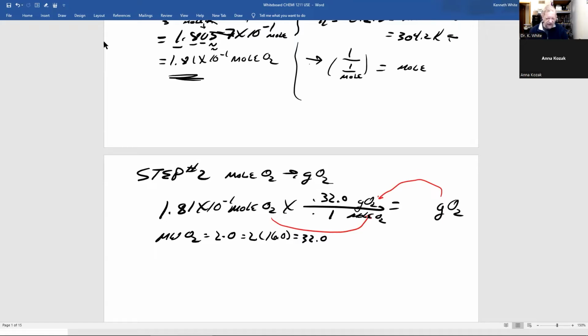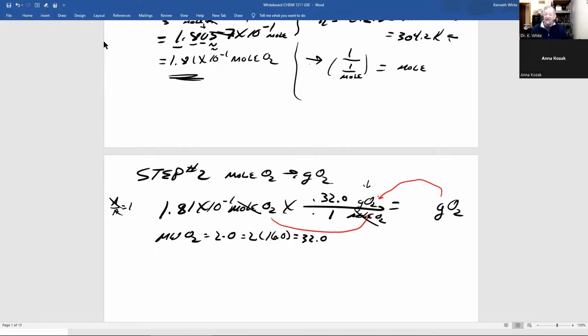And before I pick up my calculator, I'll say moles of oxygen divided by moles of oxygen become the number 1 and cancel out, because anything divided by itself equals number 1, meaning it's gone. And I'm left with what I do want, grams of oxygen.